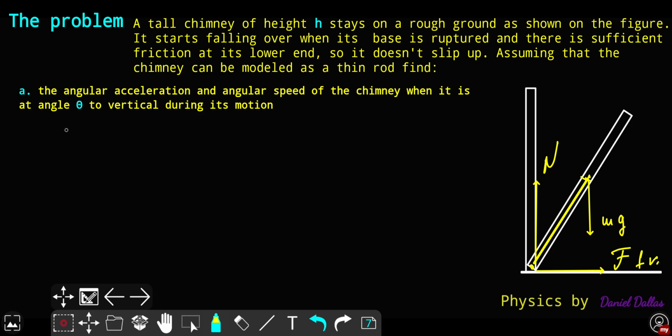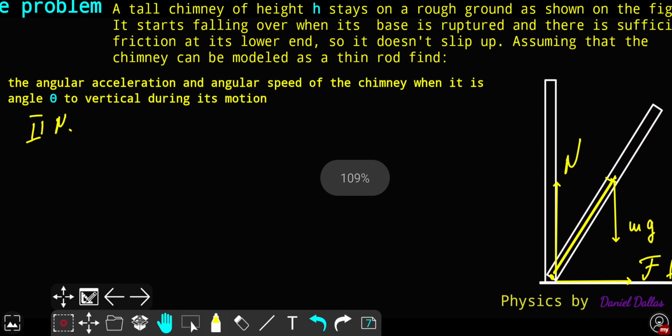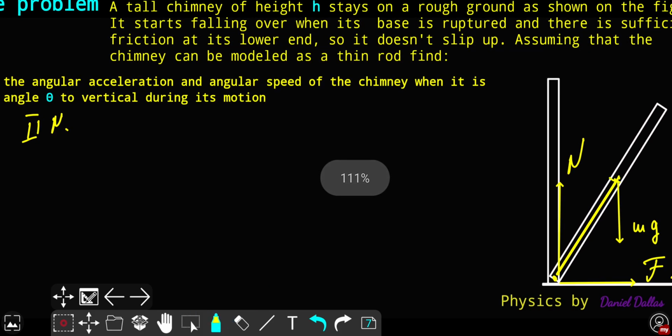But first of all, let's remember Newton's second law. I'll show you quickly how we can actually get Newton's second law. I just zoom in and let's just remember. Newton's second law tells you that if we have a tangential force, for example, tangential to the path of the motion for any random point, let's suppose we choose the center of mass, okay?